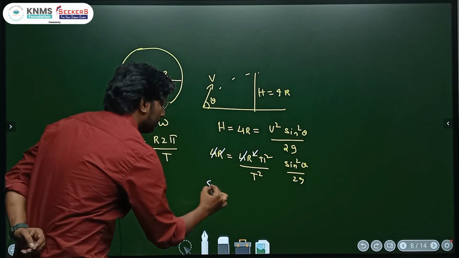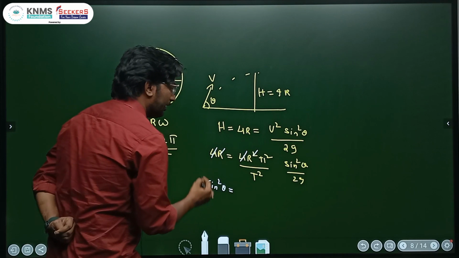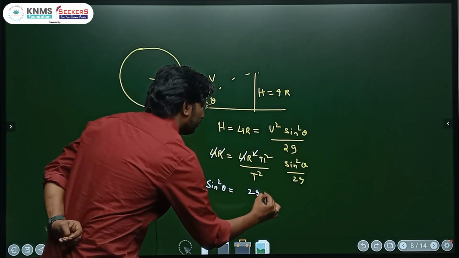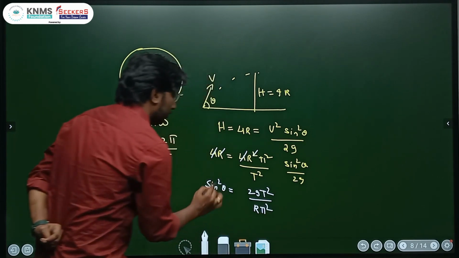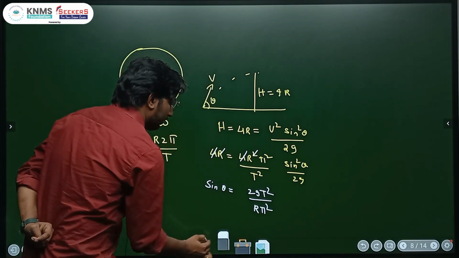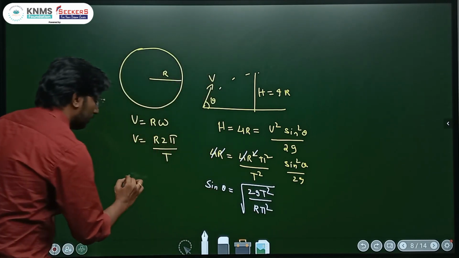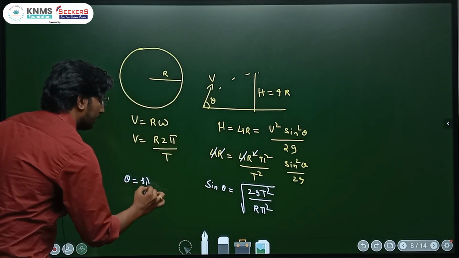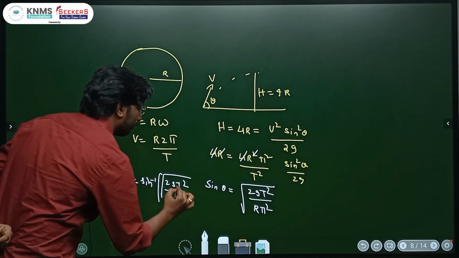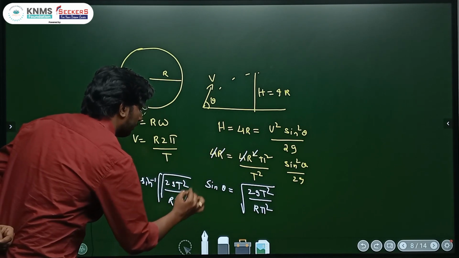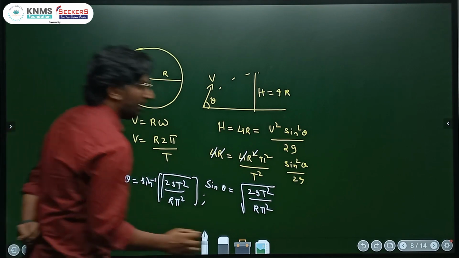We need the angle, so separately write sin squared theta apart and take everything to the other side. That will become 2g t squared by r pi squared. Take the square root on the other side, and then take sine inverse, so theta will be equal to sine inverse of the square root of 2g t squared by r pi squared.